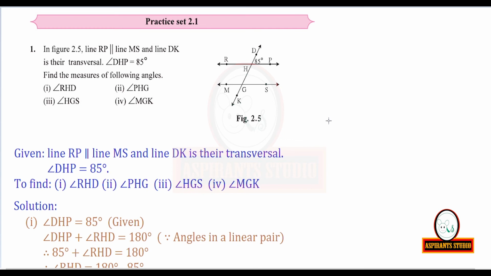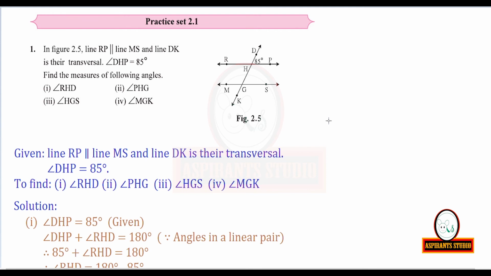You can see that these two angles are angles in a linear pair. That means angles formed in the same straight line. So the sum of the measures of these two angles will be 180 degrees. You have to write the reason here, since angles in a linear pair. For reasoning also you get marks.